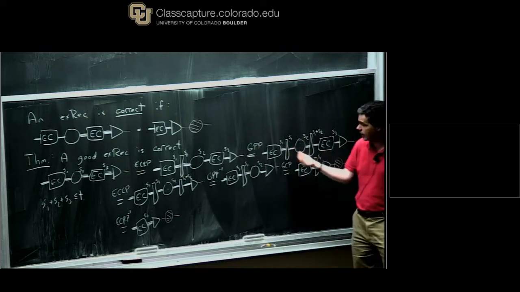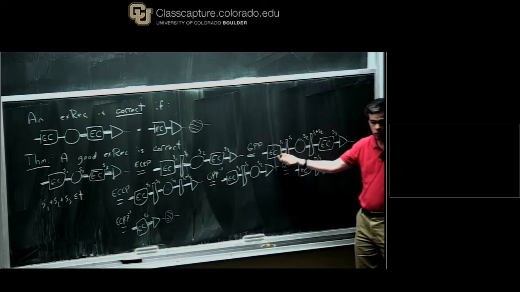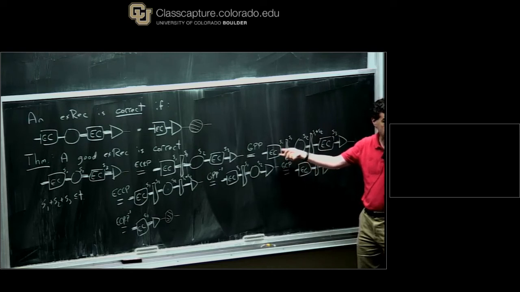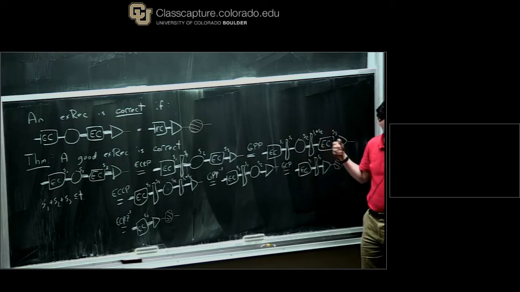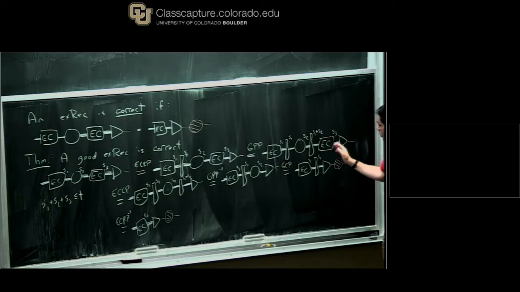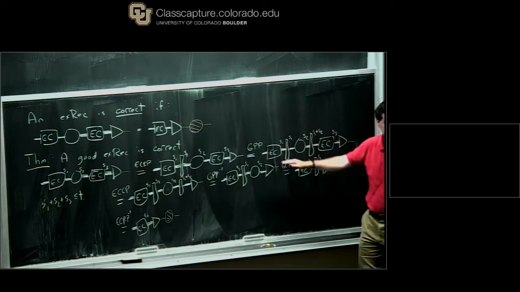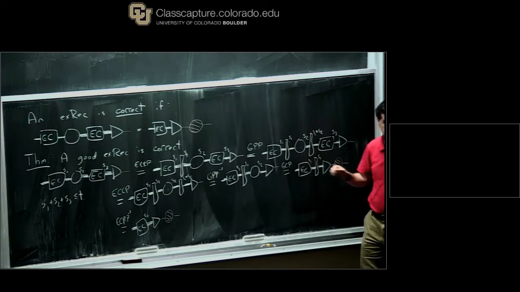And that's just saying that if we don't have that, then errors could accumulate from the end of this error correction step, in this gate gadget, and the beginning of this error correction step to be too many for us. They would overwhelm the code. We wouldn't be able to correct them anymore. Okay? And so that's why we need the sum of the errors in all of these things to be less than or equal to t. Okay? Are there questions on that?